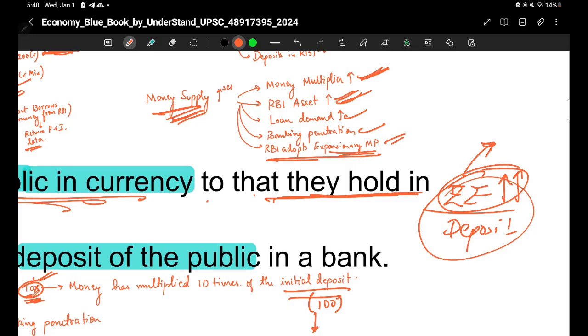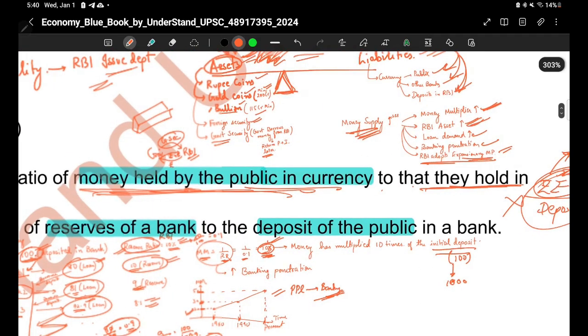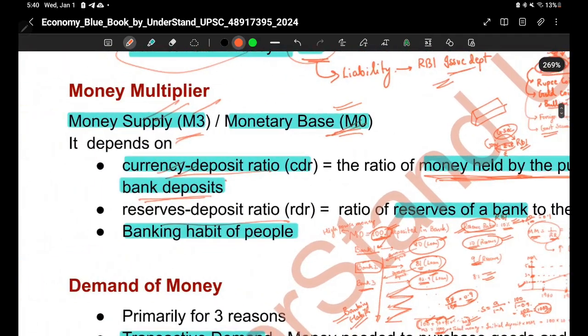If it was in the deposit, the bank would have lent it to some industrialist, and he could create employment opportunities, which would create growth and all that. But here they're holding it in hand, so it is of no use. So high CDR is a bad thing for an economy. It has to be in some minimum amount, but not too much.